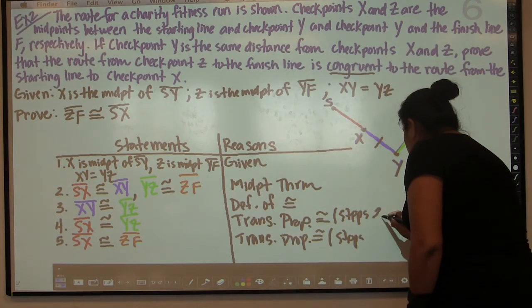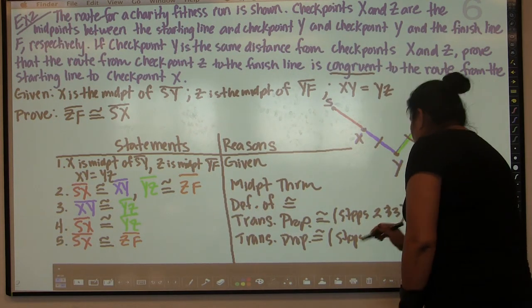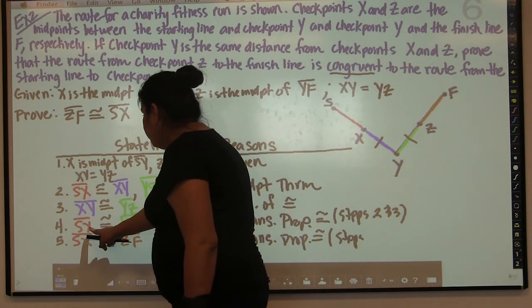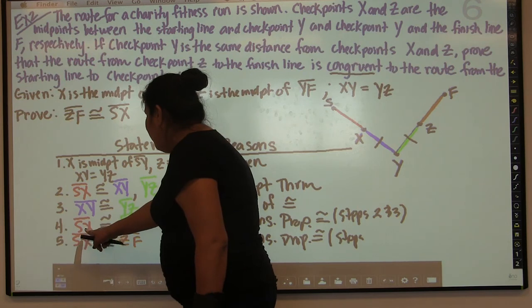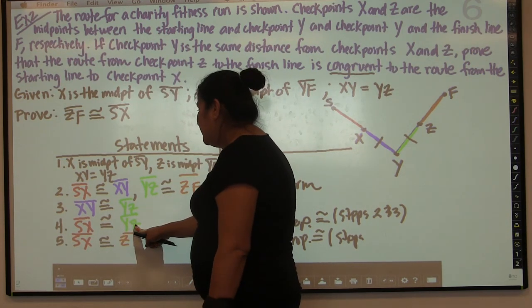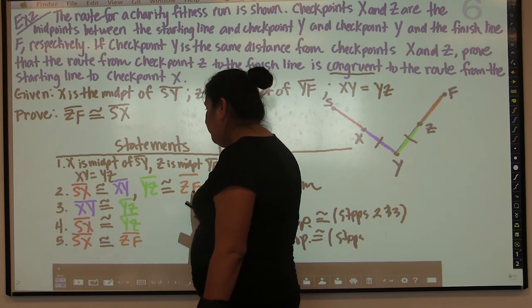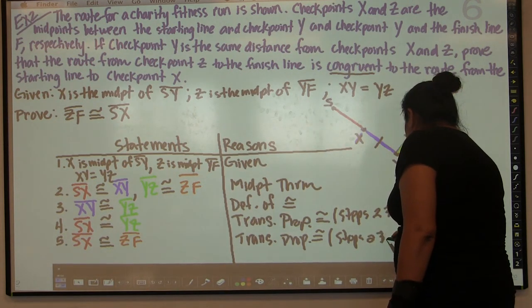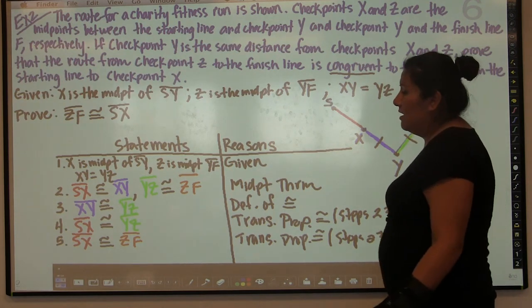So I'm going to put steps 2 and 3 over here. For the next one, SX goes to YZ from step 4, but also in step 2, YZ goes to ZF. So we're going to put steps 2 and 4 this time. Then we're pretty much done.